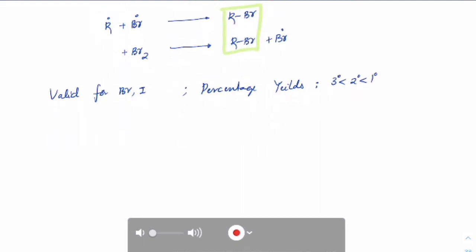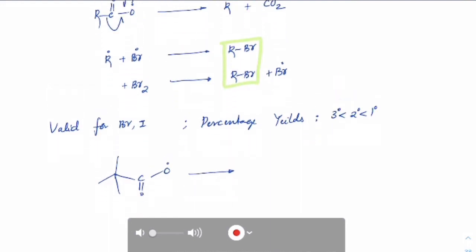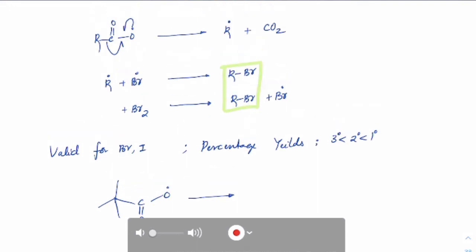What happens if it is a 3 degree? If you recall, if you have C double bond O, OH, C double bond O, and O dot here, correct? It will undergo disproportionation, correct? So whatever the radical that has formed earlier, is it R dot?